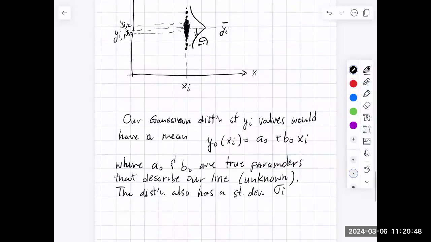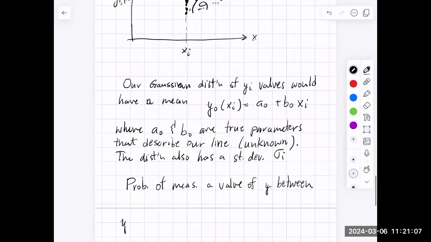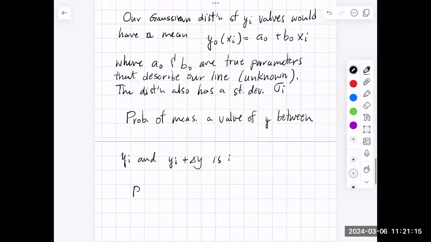So we could say the probability of measuring a value of y between yi and yi plus delta y is, well, there's nothing new here.